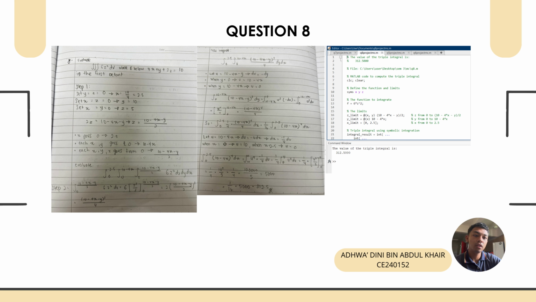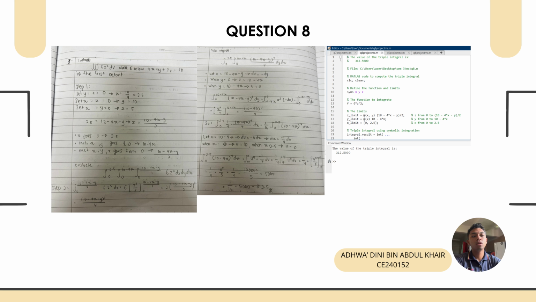Next, integrate with respect to y. We use substitution, u equals 10 minus 4x minus y, which transforms the integral into (10 minus 4x) to the power of 4 over 16.